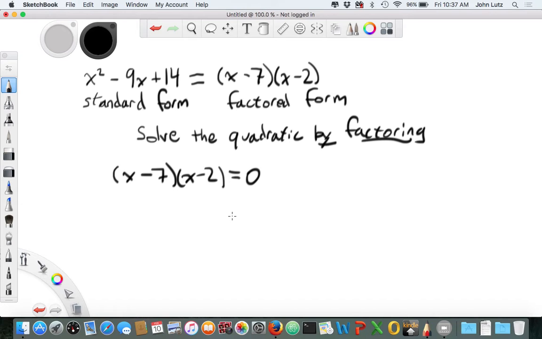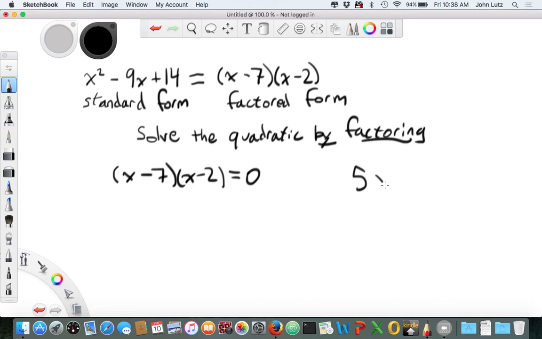If you see that, then that's excellent, because a lot of the work has already been done for you, because this is already in factored form. But this is the part that's important. If x minus 7 times x minus 2 equals 0, remember that anything times 0 equals 0, right?